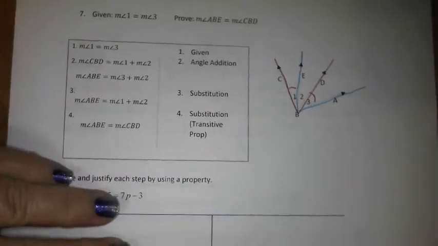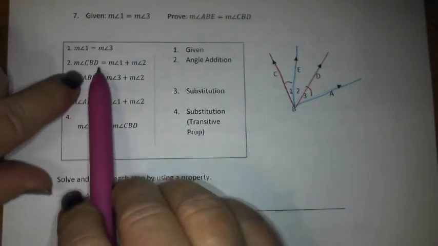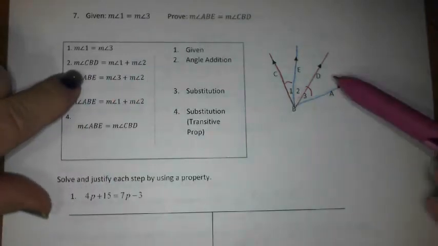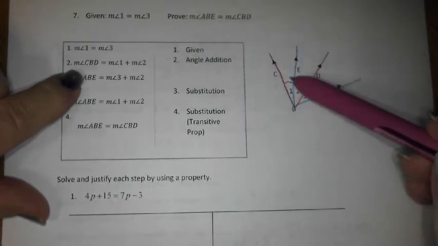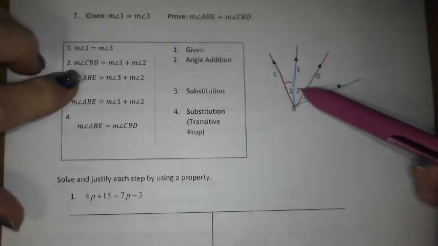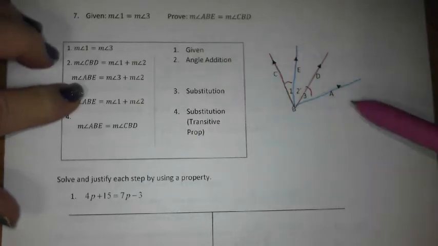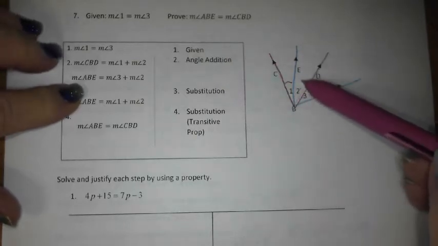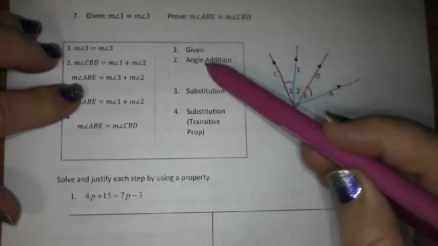Let's see how they do it. Well, the first thing they said was that angle CBD is angle 1 plus angle 2. So if you can see the one I did in red, angle CBD is angle 1 plus angle 2. Well, that's just the little angle plus the little angle equals the big angle. Angle addition. We did the same thing with ABE. Angle 2 plus angle 3 equals angle ABE. Angle addition.